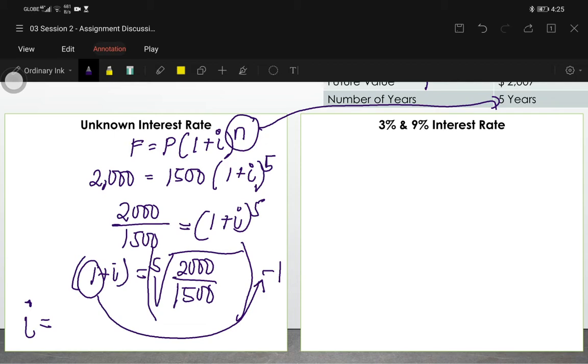So that would be 5.922%. So the interest rate earned on the first example is 5.922%, which would be equivalent to 6% per annum.